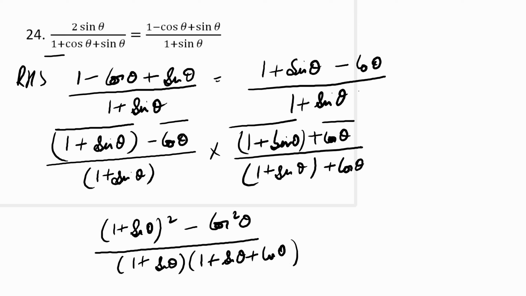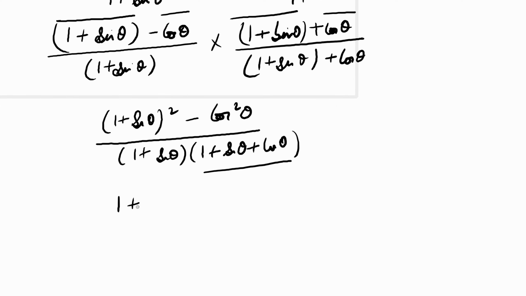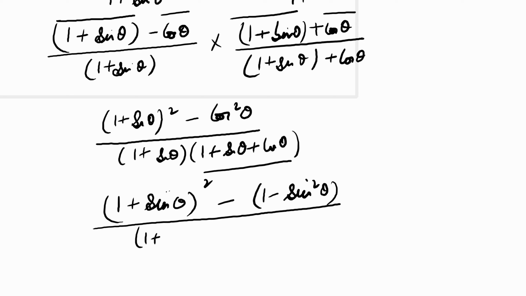See, this term is exactly what we want here. We have to adjust the rest of the terms. So for the numerator, we will write 1 plus sin theta whole square minus cos square theta, and cos square theta we can write as 1 minus sin square theta, and here we will get 1 plus sin theta, 1 plus sin theta plus cos theta.